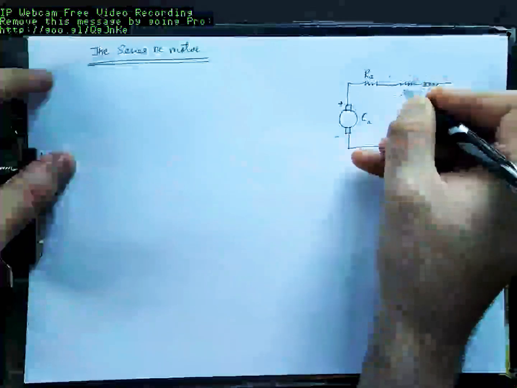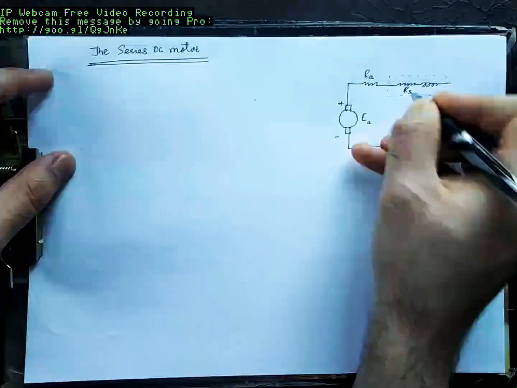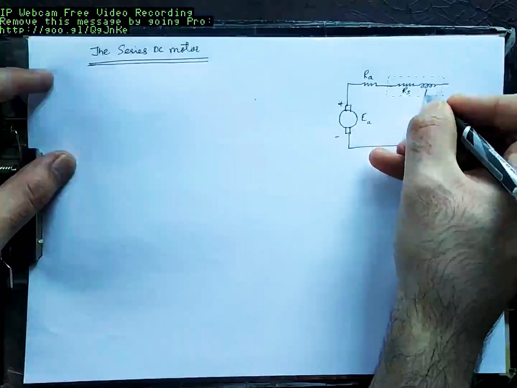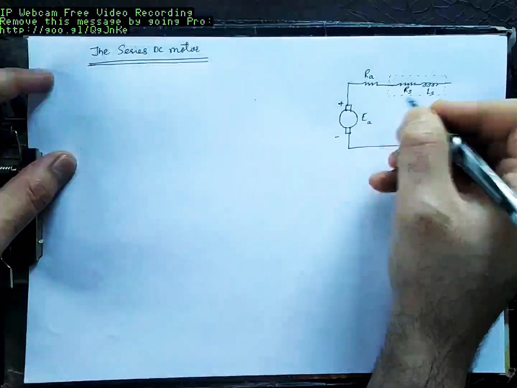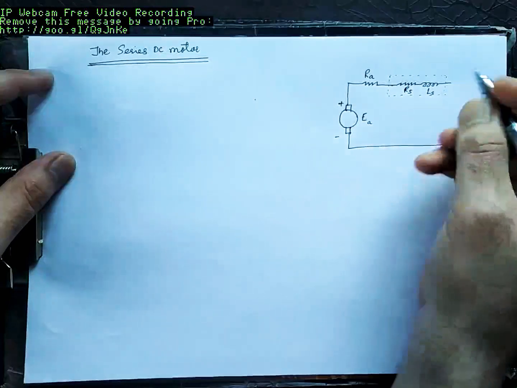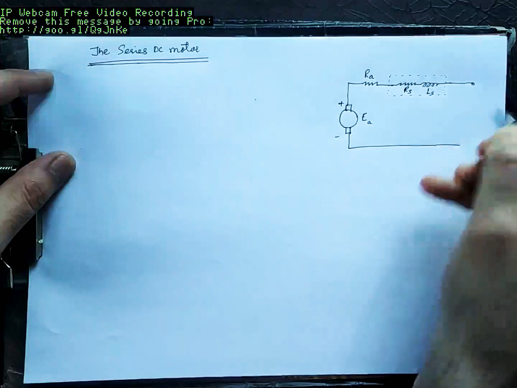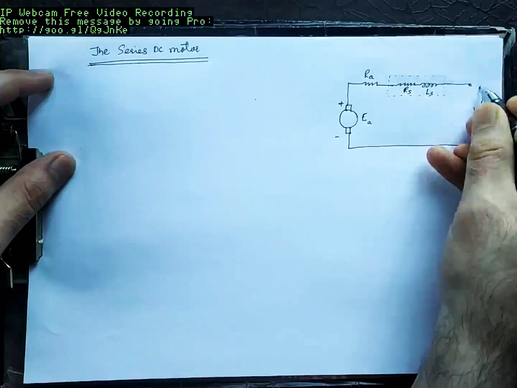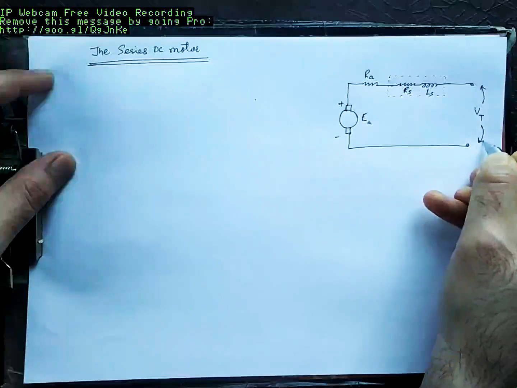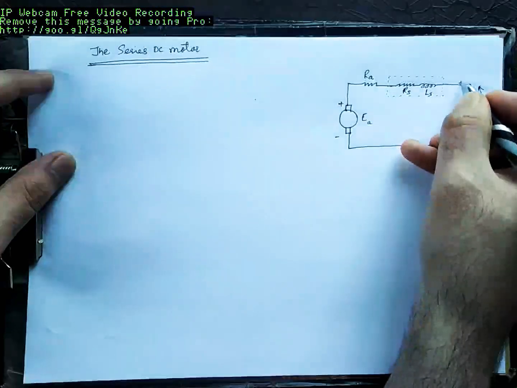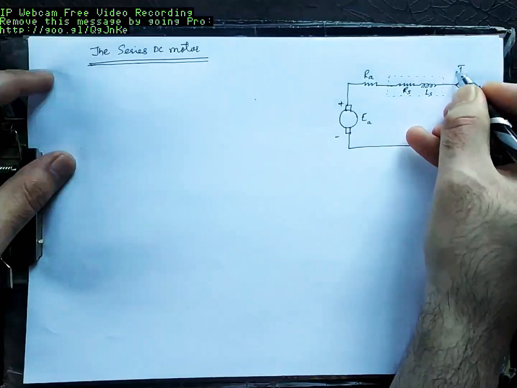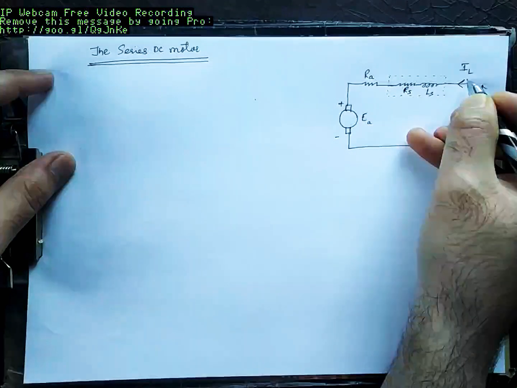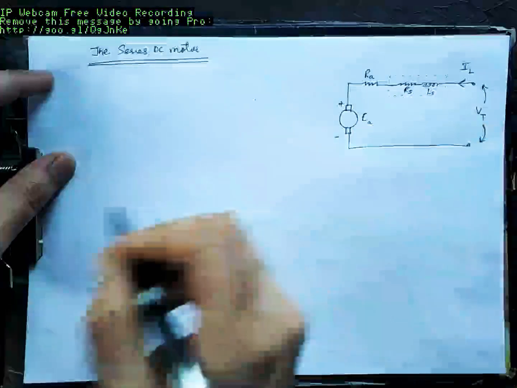Let's call this RS and this LS. This is the field winding, but it is in series. This is the terminal voltage VT, and this is IL. In this case, the load current, armature current, and field current are all the same.